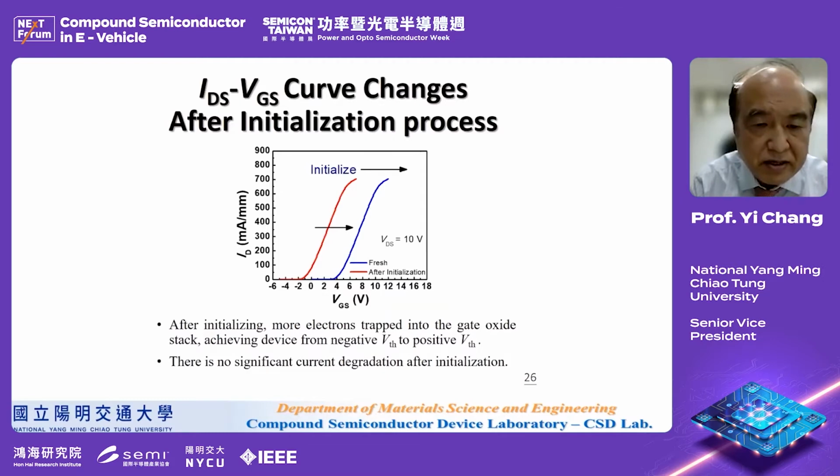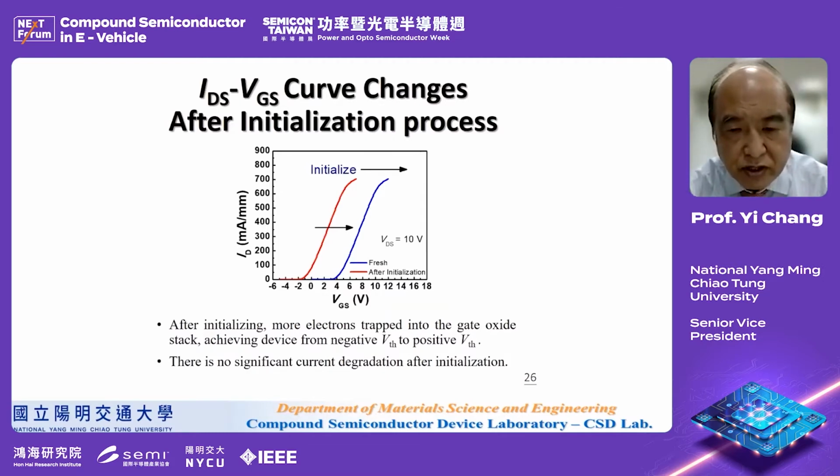And this is the device performance. After initialization, more electrons will trap into the gate oxide and achieve a device with VTH going from very negative to positive.